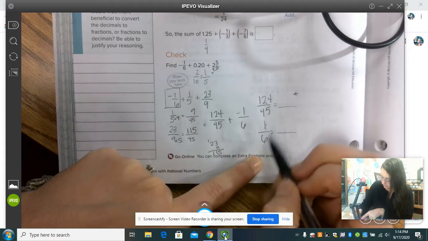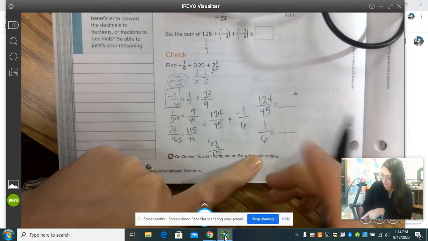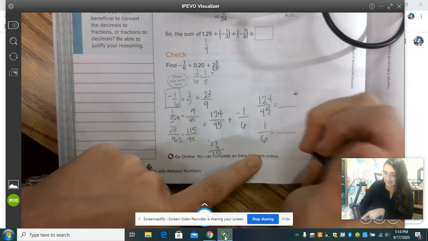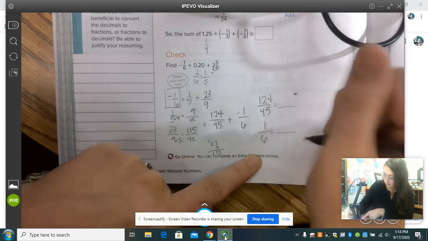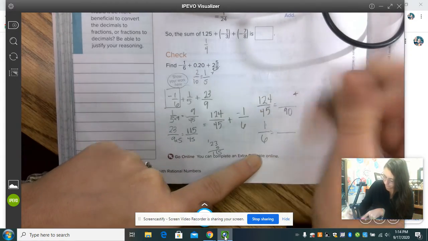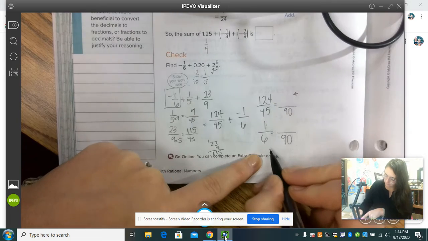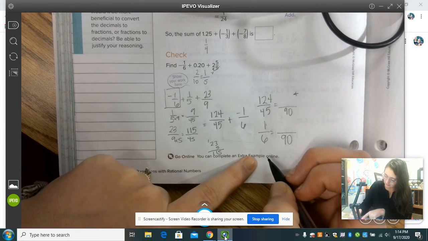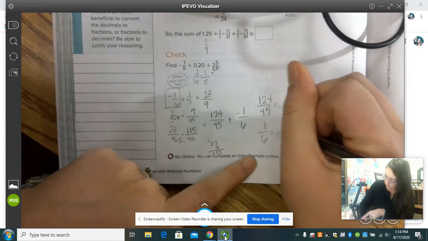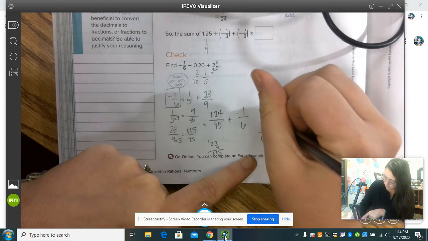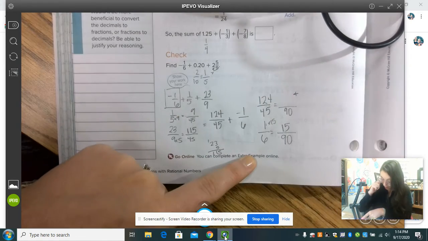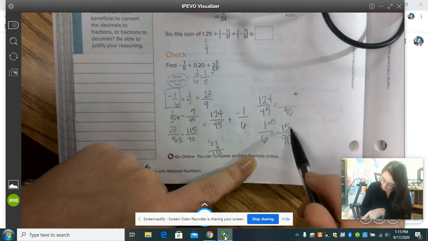All right, so 6 won't go into 45, but I do know that 45 times 2 is 90, and 6 will go into 90. 6 will go into 90 15 times. So, times 15. Wait a minute.